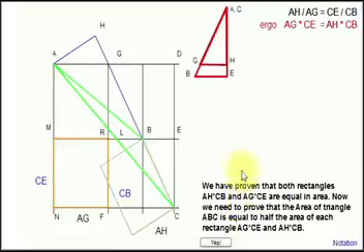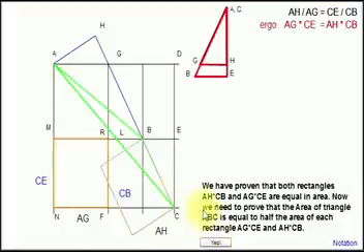And we need to prove, again, to remind you of the aim of this proposition, that this triangle ABC is equal to the half of this rectangle here. So how are we going to do that?